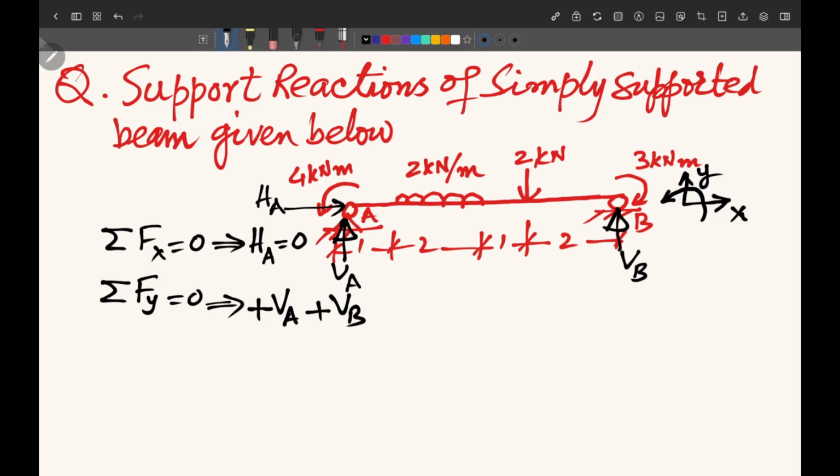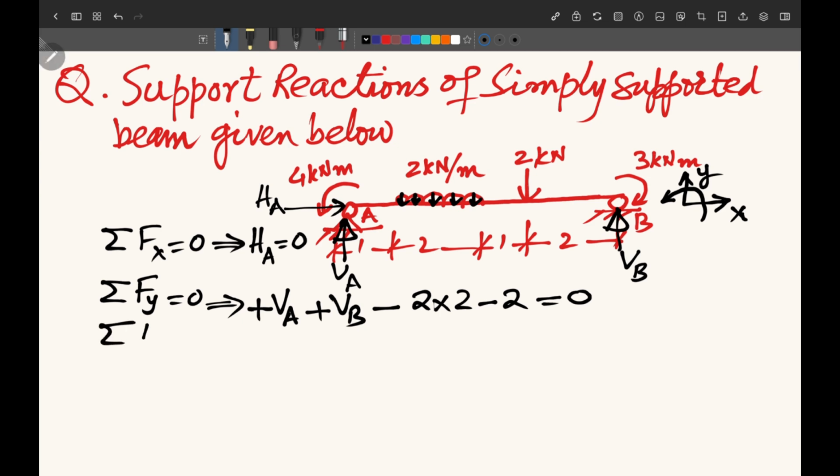That's why the total UDL will be 2 into 2, and that is acting downward. So minus 2 into 2. Then this point load is also acting downward, and that is minus 2. There is no other load applied in the vertical direction, so this whole thing equal to 0 to maintain the equilibrium in y direction.